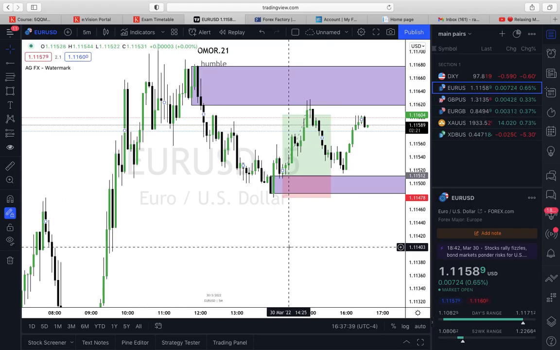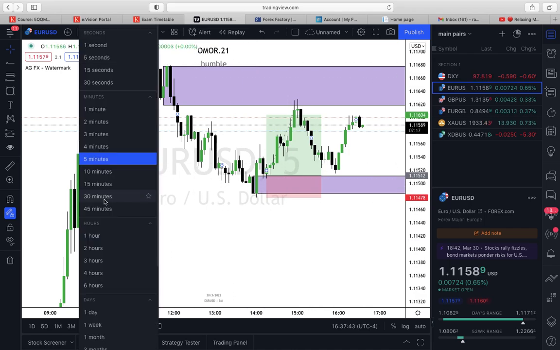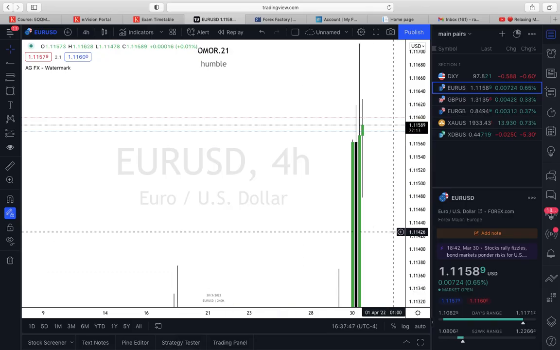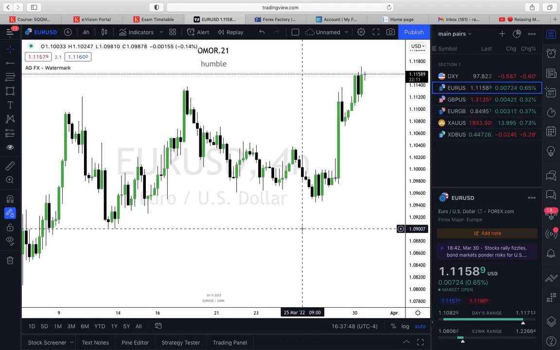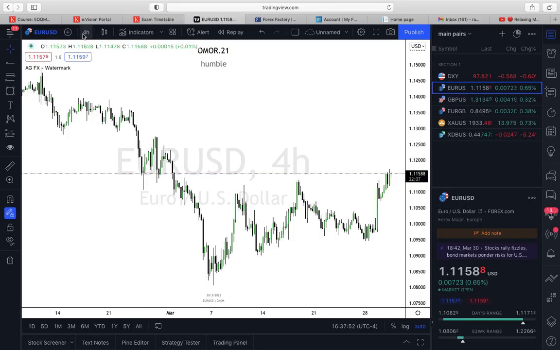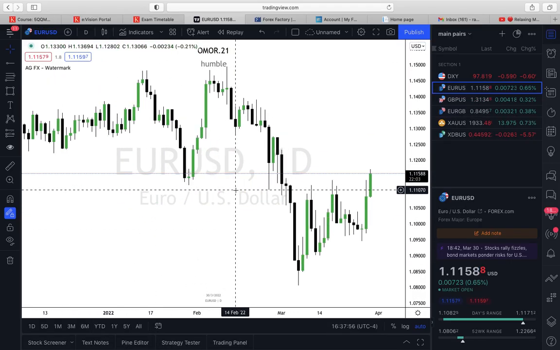So now, that's on your lower time frames. Just remove all these drawings. If we consider the higher time frames, let's say the daily, I don't know if you've realized how I'm teaching you higher time frames and lower time frames.